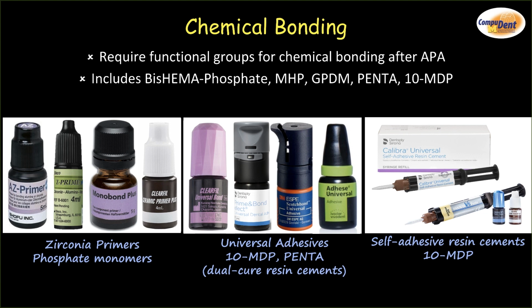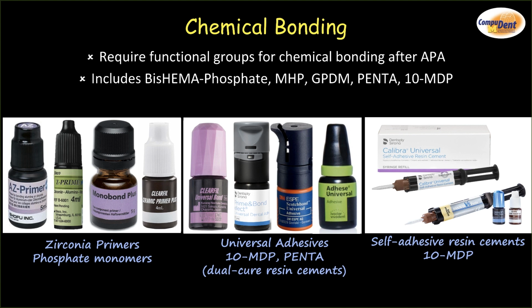One is to use a marketed zirconia primer phosphate monomer, the box to the far left. You notice that there's two silanes in there. Silane will not bond to zirconia because there's no silicon, there's no glass. But those also have phosphate monomers in them, which do react with the zirconia.